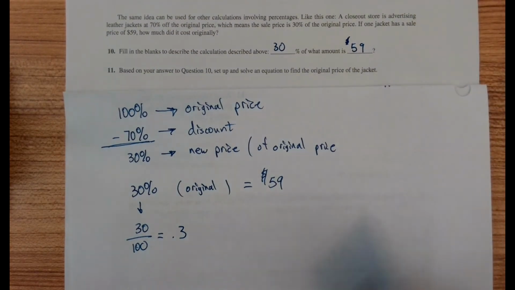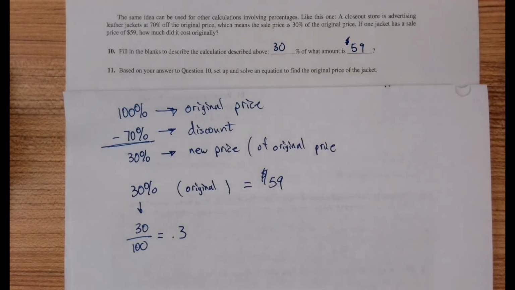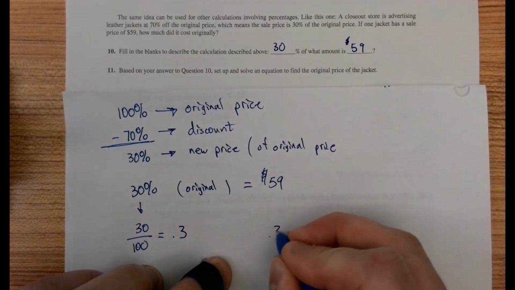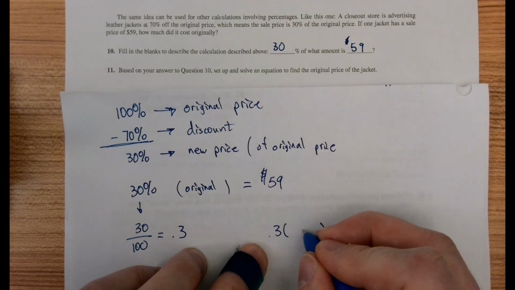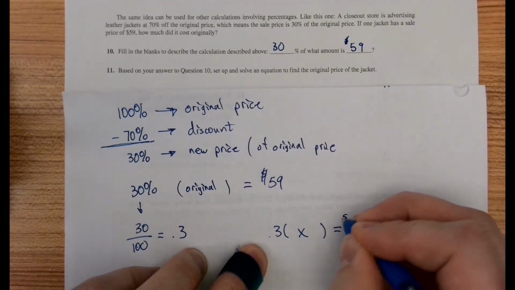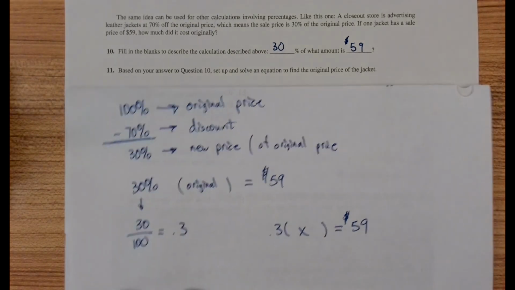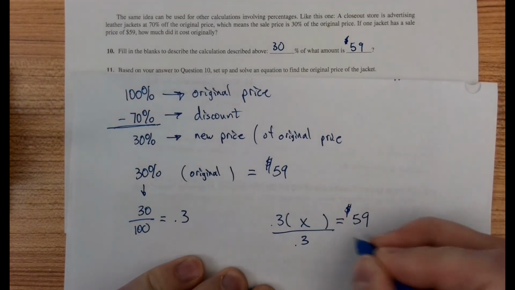And if we think through what we did in the previous problem above, where we did 0.3 times 24.59, we would do the same thing here. We would say 0.3 times the original price. Let's call that X. And that's going to equal the new price we're paying, $59. Well, for those of you that love algebra, you'll know that the way to solve for this is to divide both sides of the equation by 0.3.